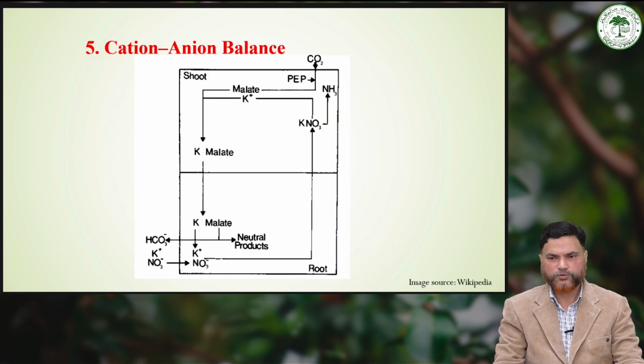Now, in addition to this, potassium also plays a very important role in maintaining equilibrium as the primary positive ion, which generally balances out negative ions in various parts of the plant cell such as the cytoplasm and chloroplast.